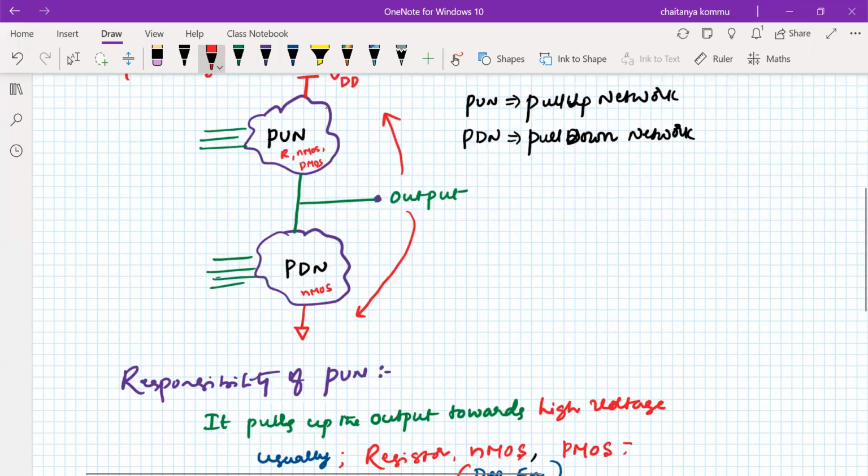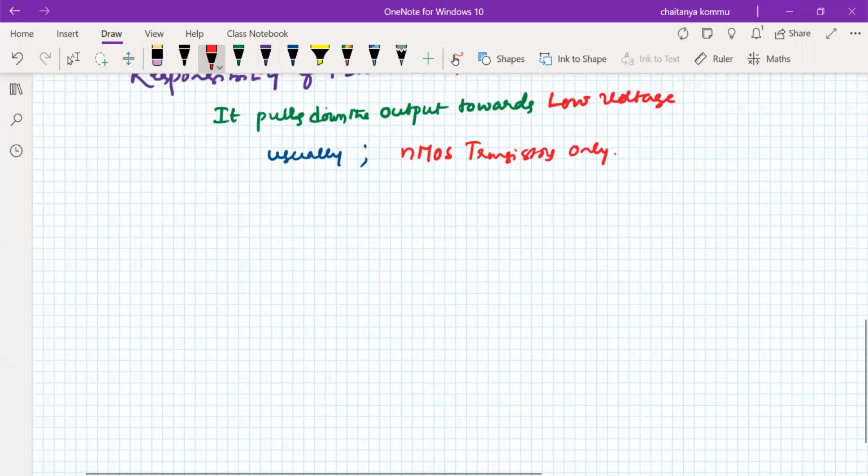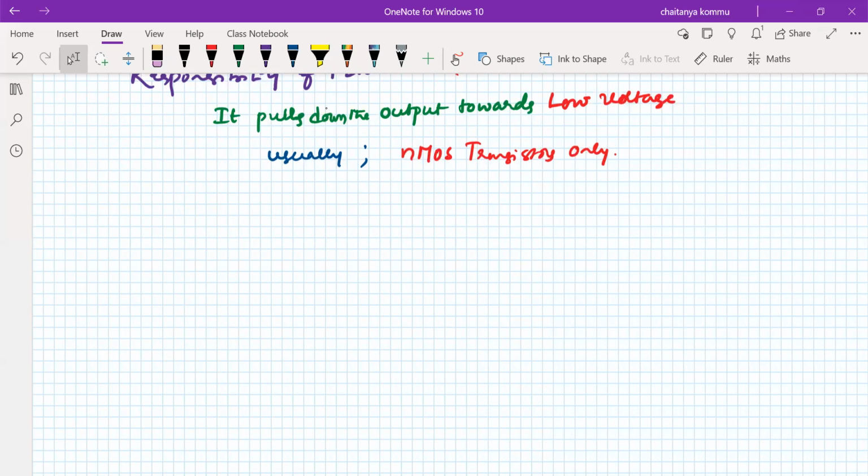Fine. Now let us realize an NMOS inverter with the help of a resistive pull-up network.